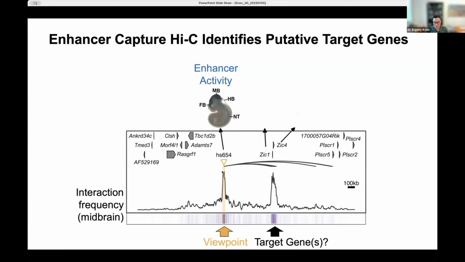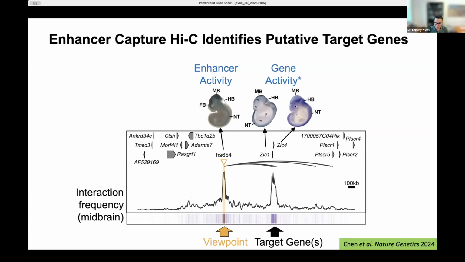So you have this interaction profile, with a lot of interaction close to the bait region, in this case an enhancer. And then you can see that there is a peak around Zik1 and Zik4 genes, suggesting that those two genes could be target genes. And indeed, if you look at the expression of those genes, it matches enhancer activity, suggesting that they could indeed be the target genes for this HS654 enhancer.